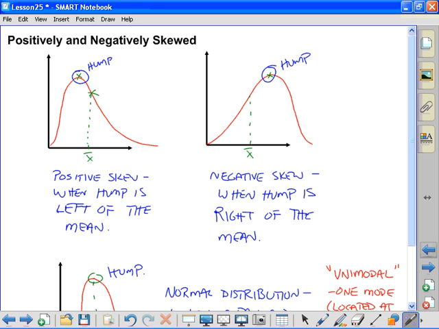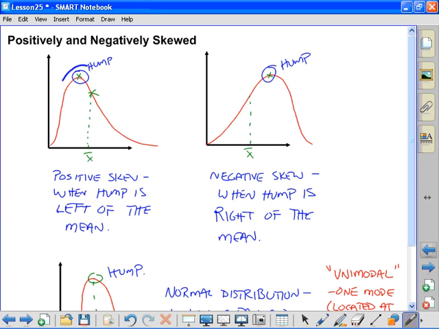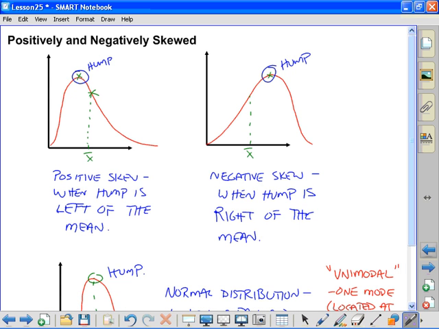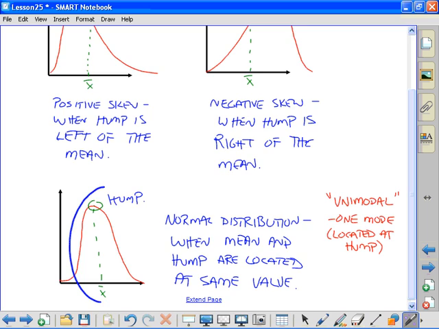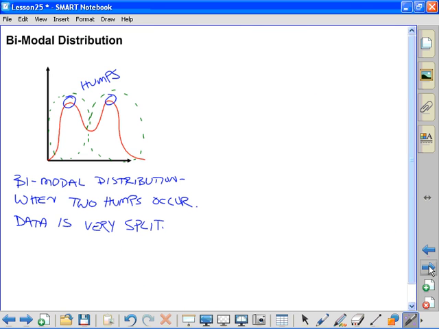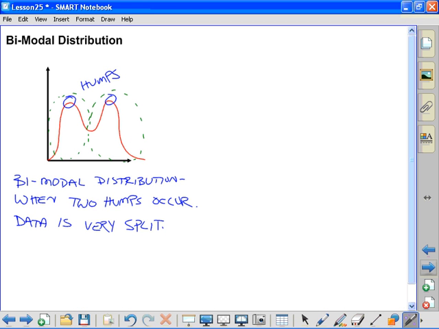This is a reference to class marks, if you want to look at it that way. Here the majority of the class is below the average, so not a whole lot of understanding. And then this is the ideal distribution, where most people know mostly what's going on. In the bimodal situation, this is a bad situation because you've got two sets of data that seem to be distinct from each other. So there is your bimodal.